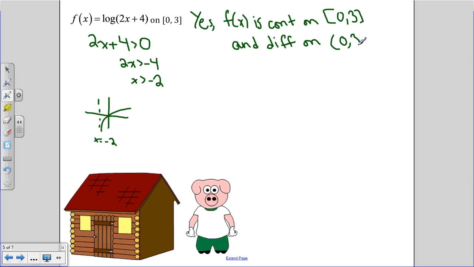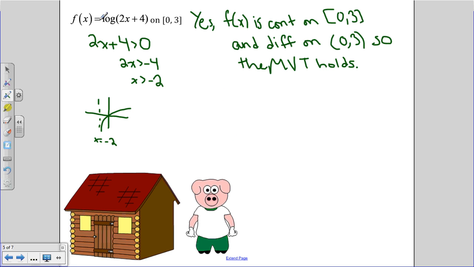Of course, you could just say both of these on x is greater than -2, or soft bracket -2 to infinity. So the mean value theorem holds. Okay, now we just need to find the c value.